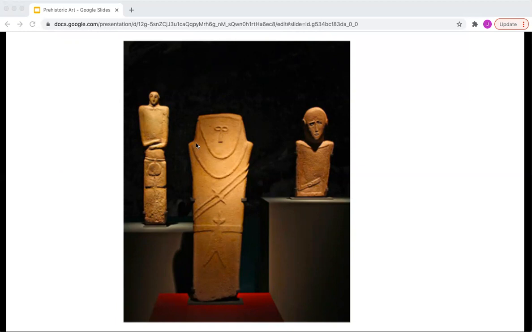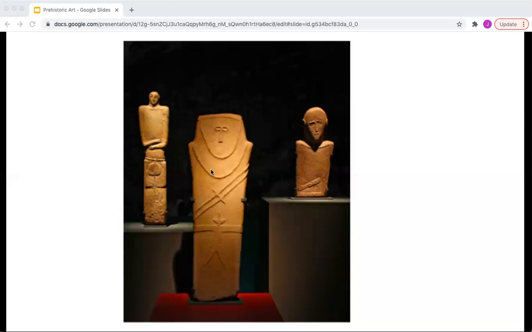and sort of the outline or the impression of a robe or a necklace kind of hanging around the neck and bottom of the head area here.